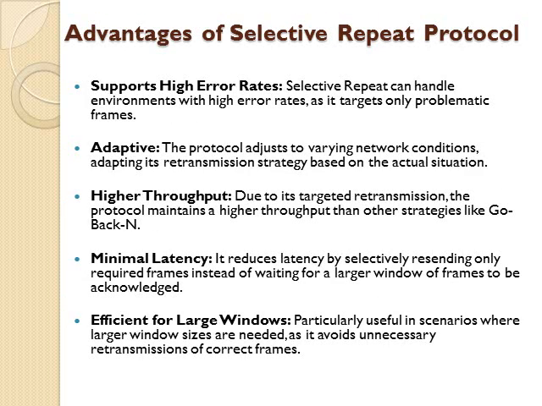Advantages of selective repeat protocol: it supports high error rates and it is adaptive, that is, the protocol adjusts to varying network conditions. Higher throughput due to its targeted retransmission.